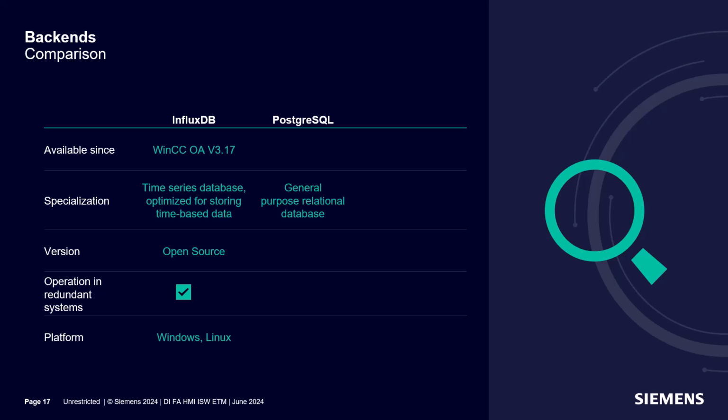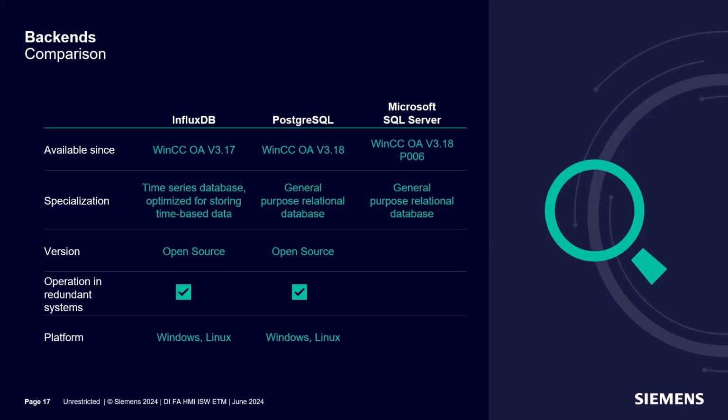Next, we have PostgreSQL. This is a general-purpose relational database, so it's quite versatile. It became available with WinCC OA version 3.18 and, like InfluxDB, it's open source. It also runs on both Windows and Linux and supports redundant systems. Finally, there is Microsoft SQL Server, also a general-purpose relational database. It was introduced in WinCC OA version 3.18 patch 006.